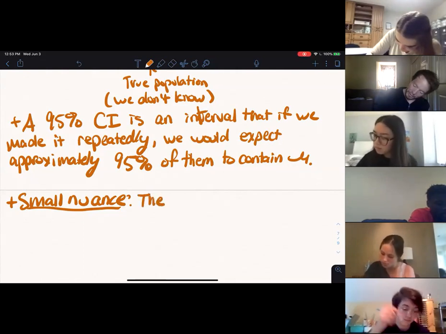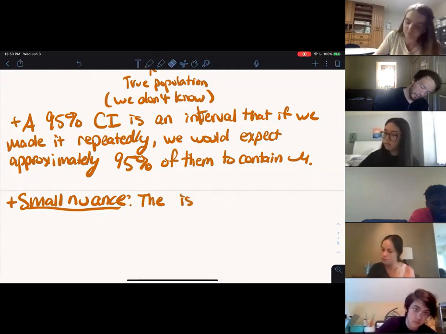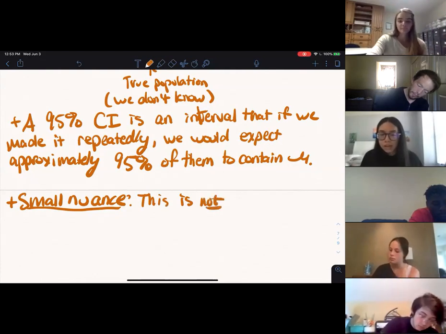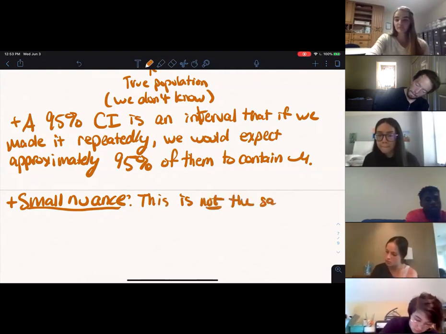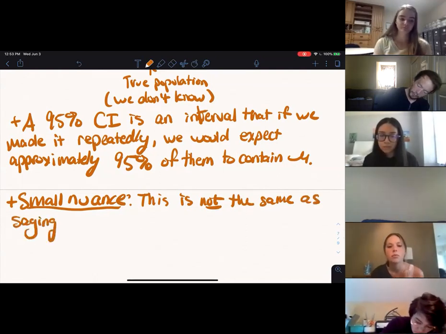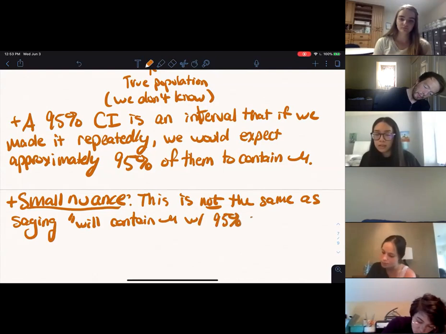And the reason we use the word confidence is, so this is not the same as saying the interval will contain mu with 95% probability.